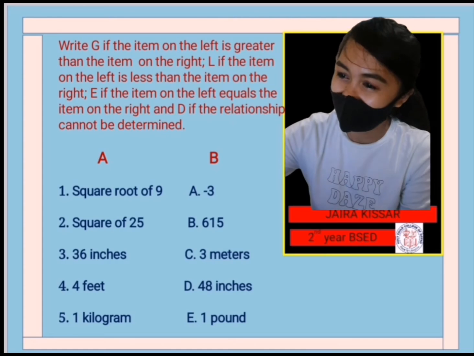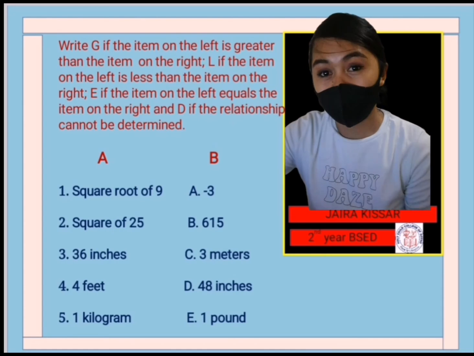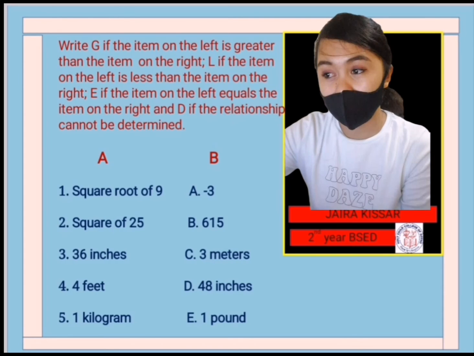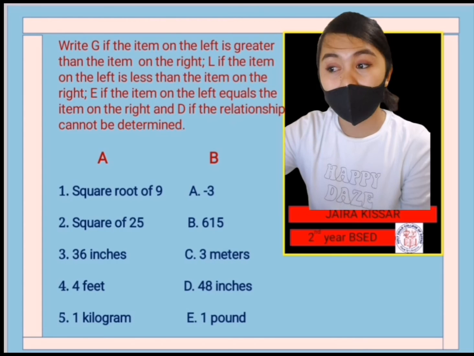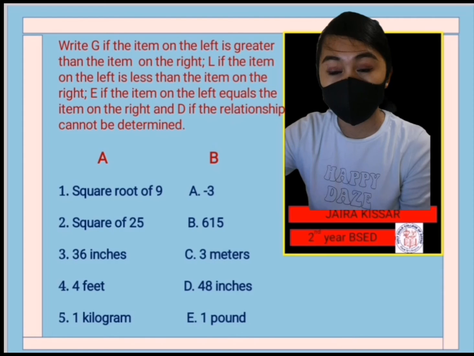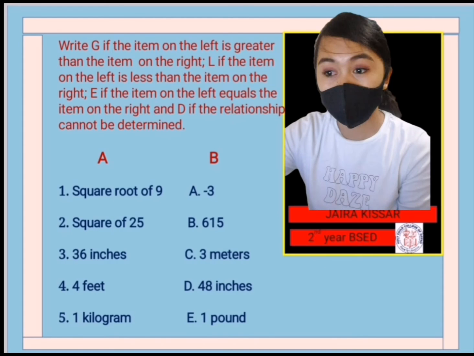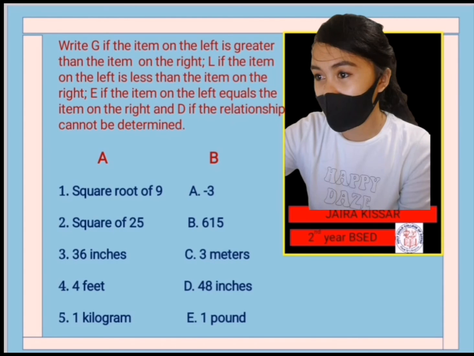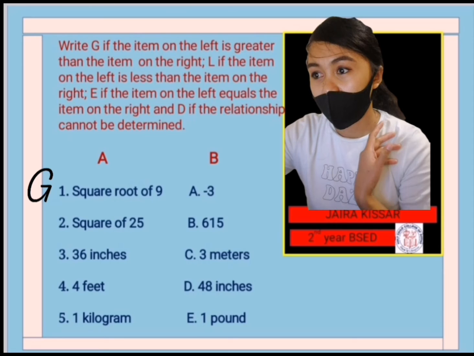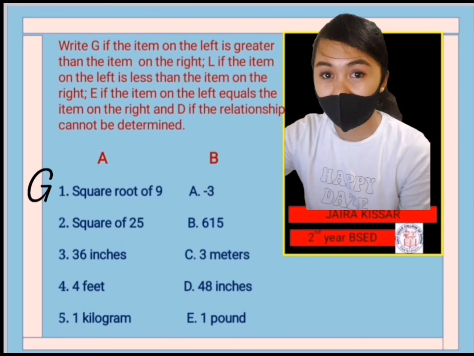In column A, we have the square root of 9. In column B, negative 3. The square root of 9 is 3, while in column B is negative 3. Positive numbers are always bigger than negative. So it is G, because the item on the left is greater than the item on the right.